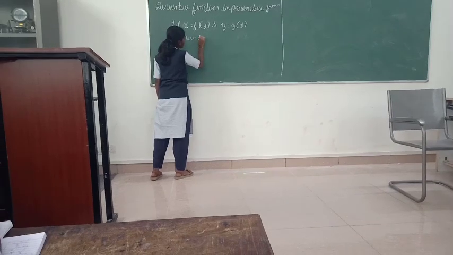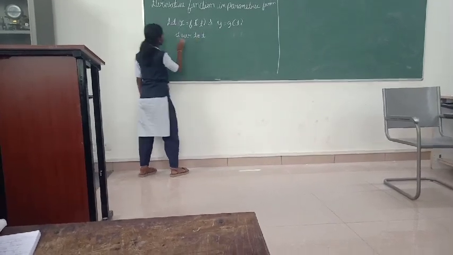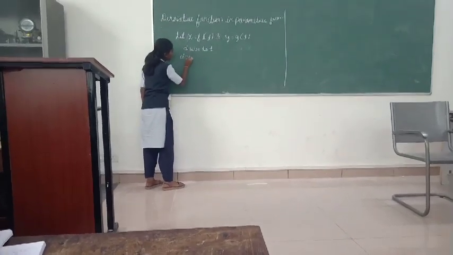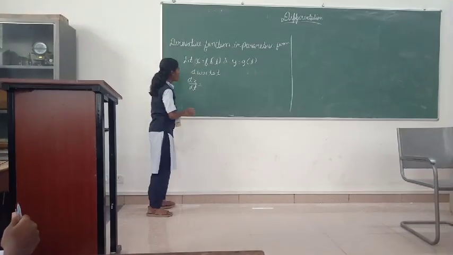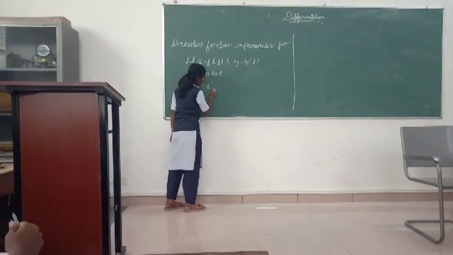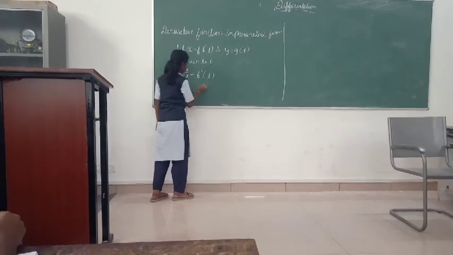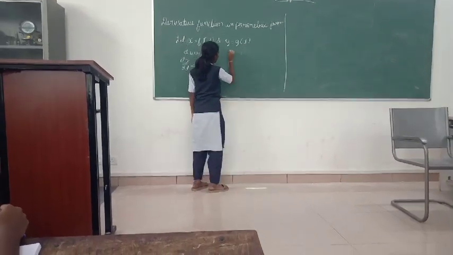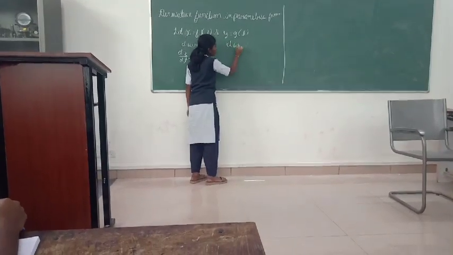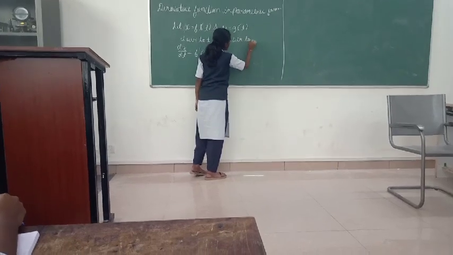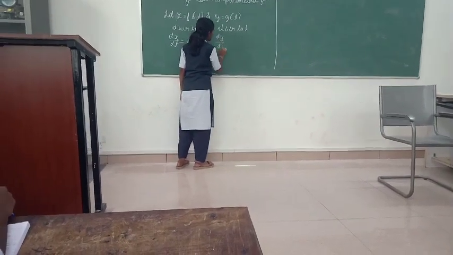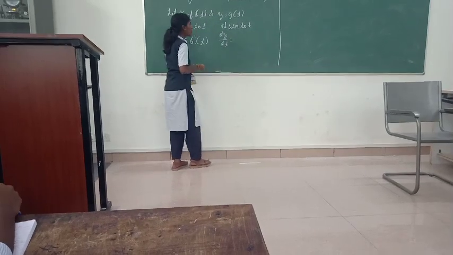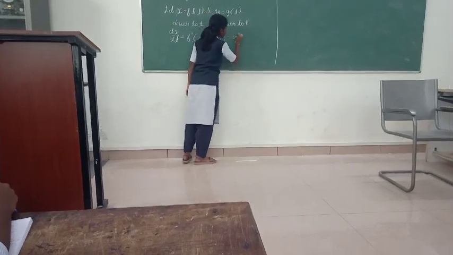Differentiate with respect to t. dx by dt is equal to differentiation of f of t, which is f dash of t. Differentiate with respect to t. dy by dt is equal to differentiation of g of t, which is g dash of t.